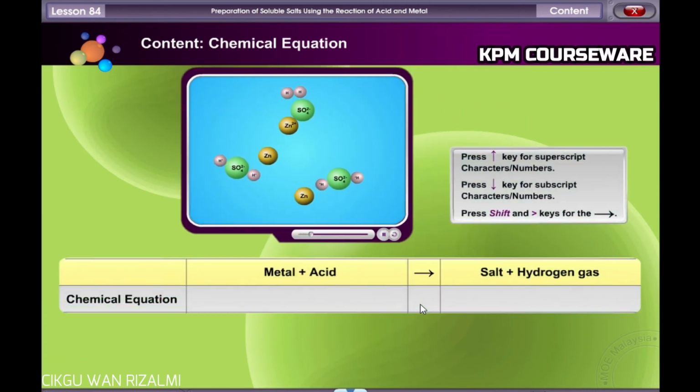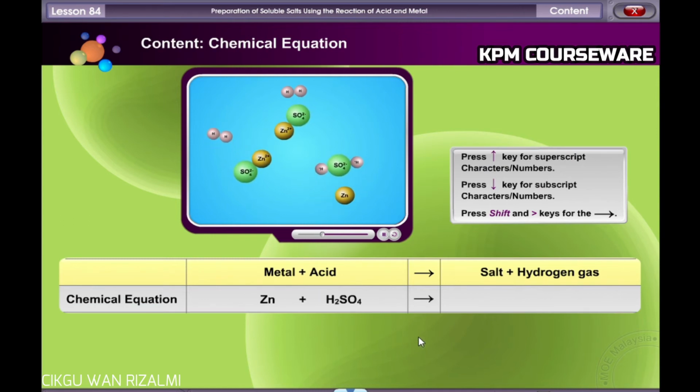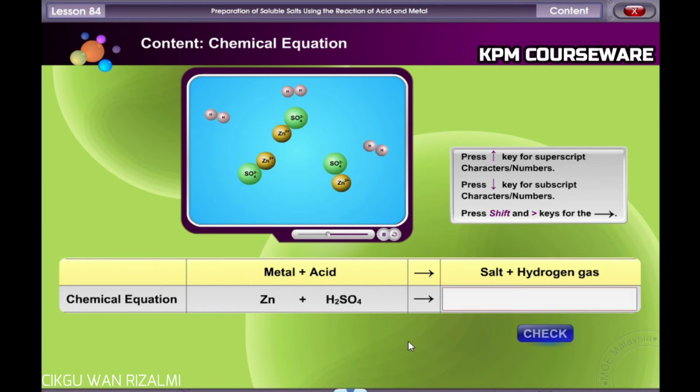Given the formula for sulfuric acid and zinc, now can you complete the equation? What products do you think will be produced?